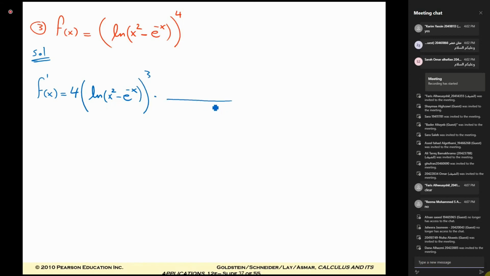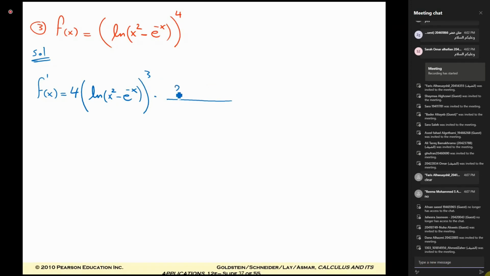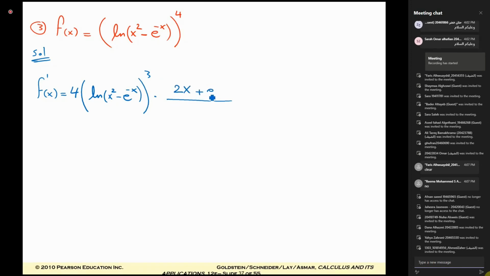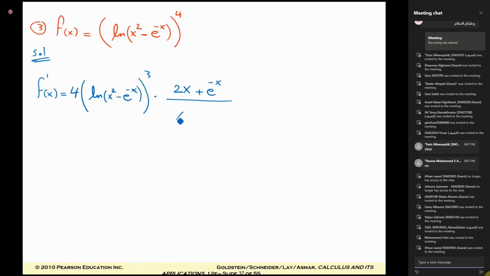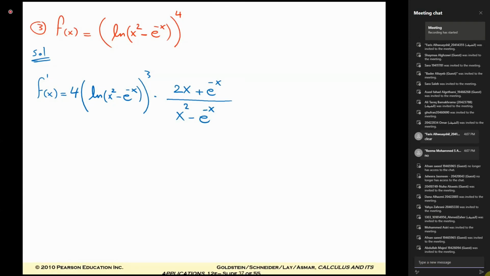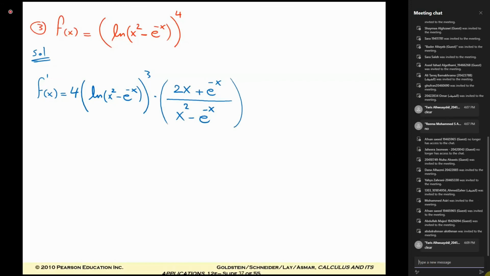The numerator is the derivative inside the ln, so we have 2x plus e to the power minus x, over the same inside the ln, x square minus e to the power minus x. Any question? So this one is the derivative inside the ln. Okay.